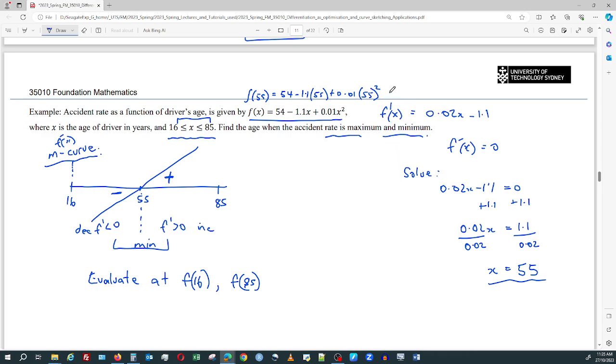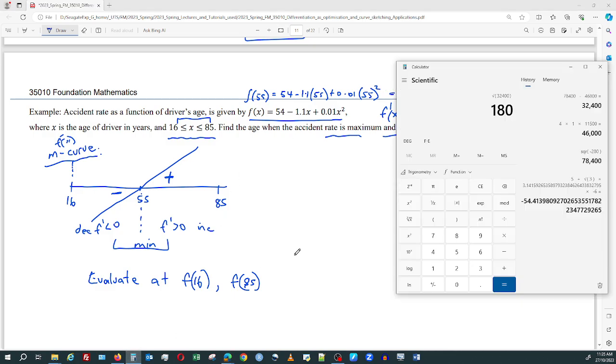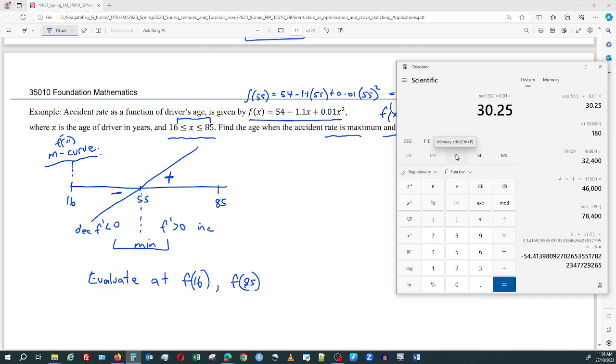So I'm going to put that into the calculator. So we've got 55 squared times 0.01, and I'll pop that into the memory.